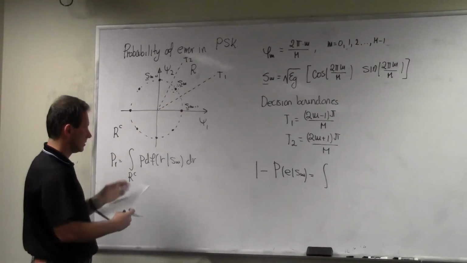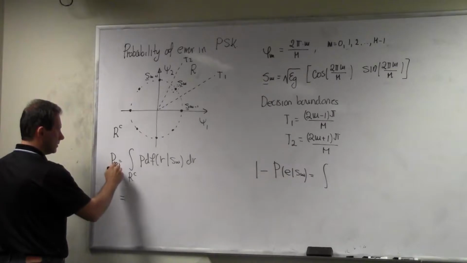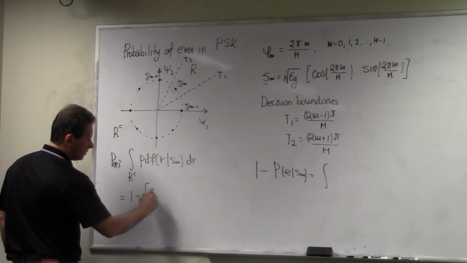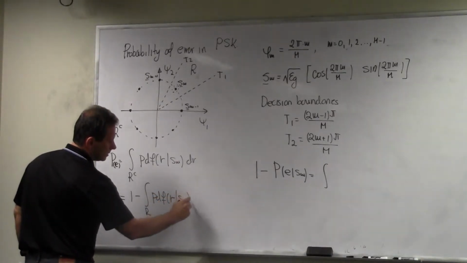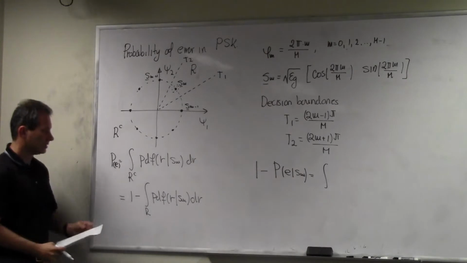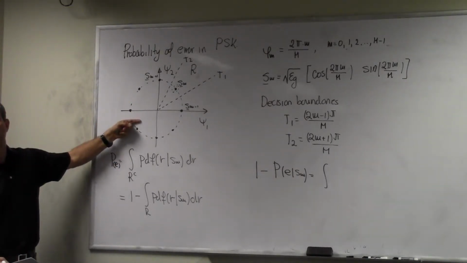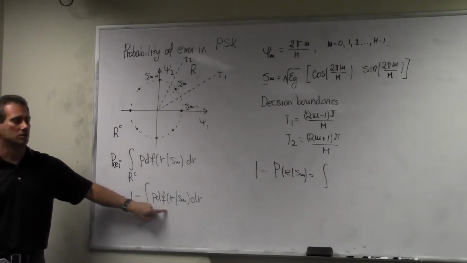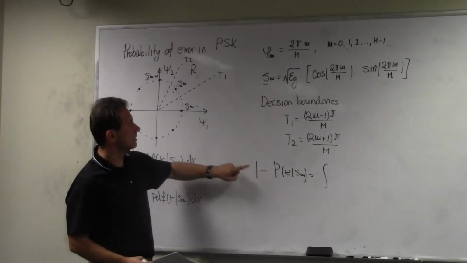This probability of error is the same as 1 minus the integral over r of the PDF of r given Sm dr. So I can integrate it either over the r complement, in which case I'm getting the probability of error directly, or 1 minus the probability of making a correct decision.